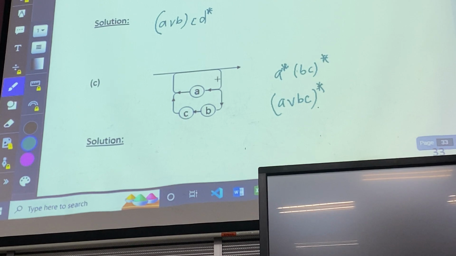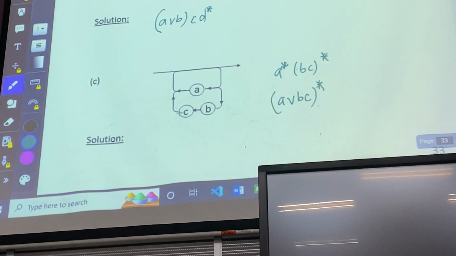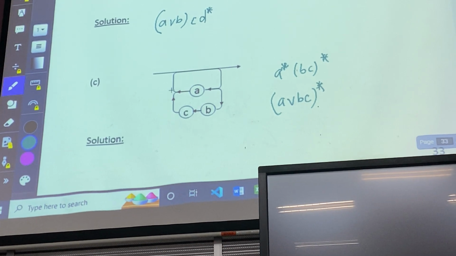So it will go down again another time. You go to BC, right? Then it will go up again. When you reach here, you cannot go to A. Cannot go to the right. The arrow goes to the left. Okay? So when you go to BC, you will go up again to the first line, and you repeat: you go down, choose again, either A or BC one more time.